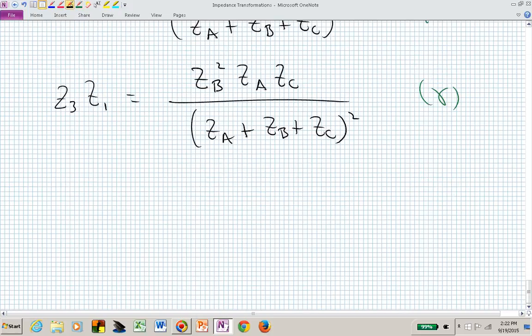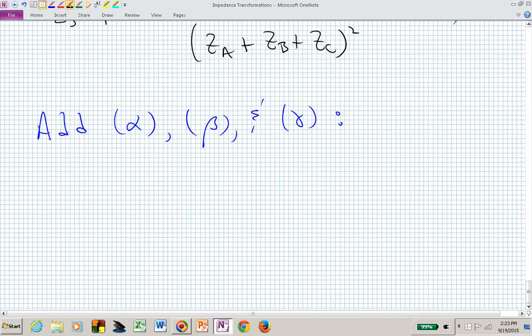Now that I have that collection of equations, another set of three equations that contain the Y impedances and the delta impedances, let me now add those together. Let me add alpha, beta, and gamma. On the left, it's not going to be that complicated.